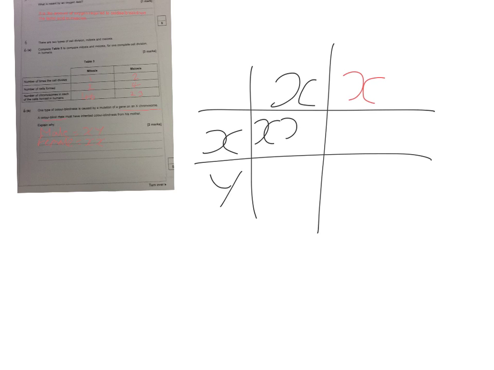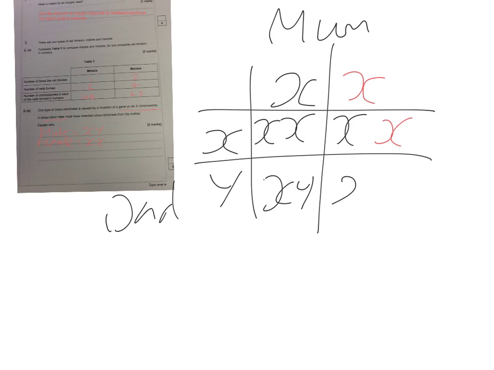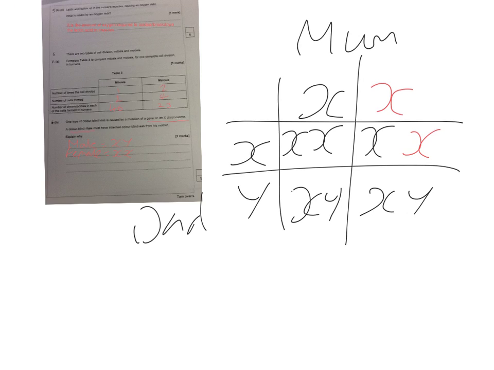We've got 2 X's. This one here is our guy in the question, so he's inherited this X chromosome from the mum. We've got the dad down here. The other options, we'll just finish this off so it looks clear. So we've got XY, XY. So it's this one here. So he's inherited the X chromosome from the mum.